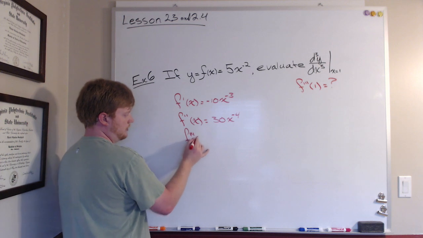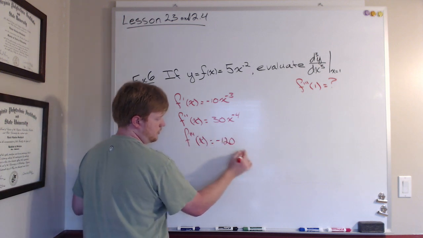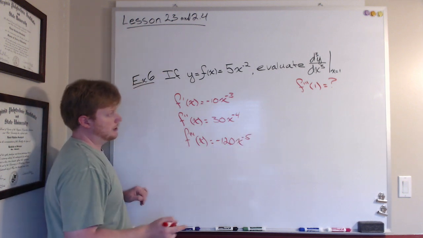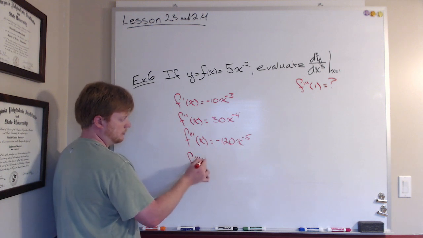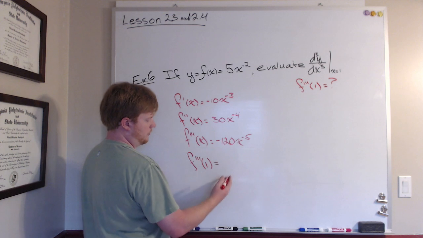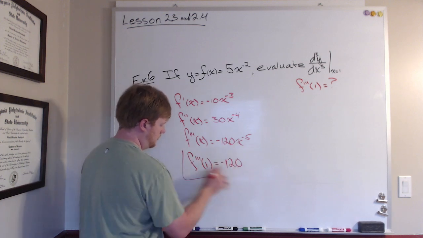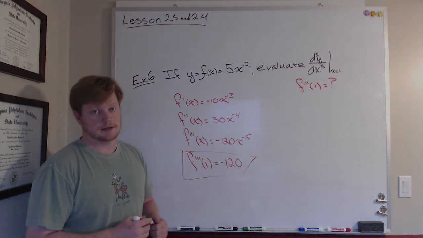And then the third derivative of x would be a negative 120 x to the negative 5th. Okay. Now we're asked to plug in 1. All right. Well, I just get 1 there, and I'll end up with negative 120. Easy as pie.